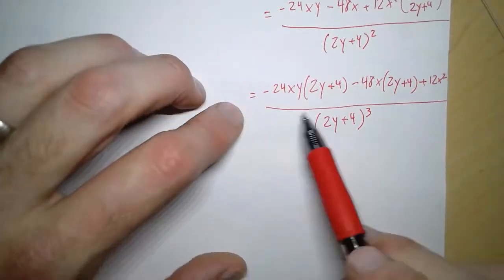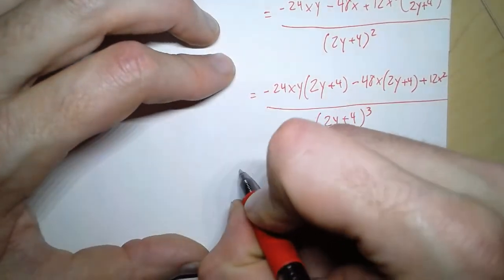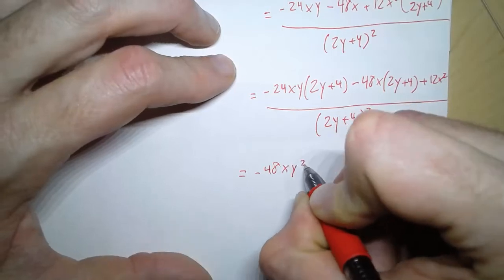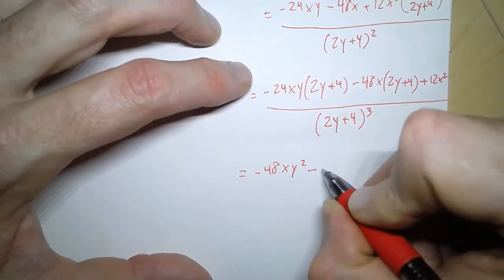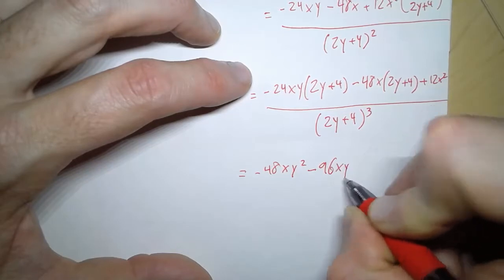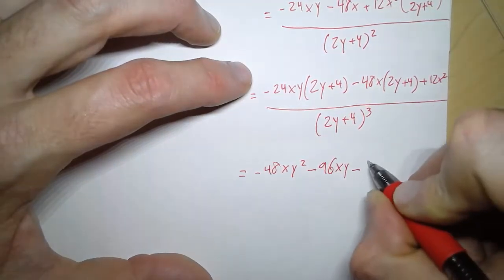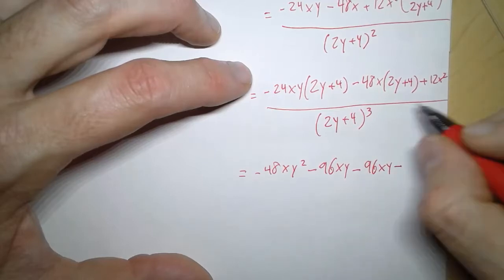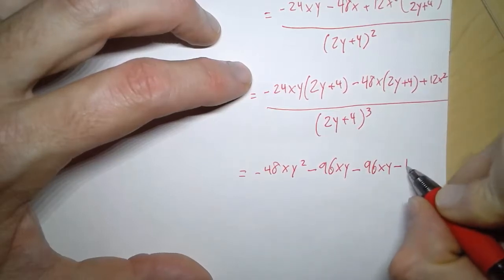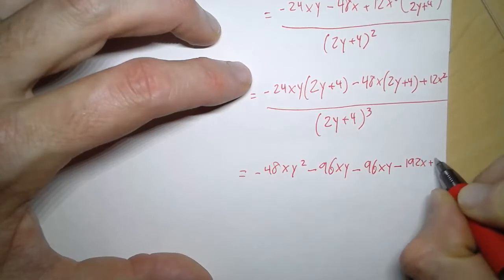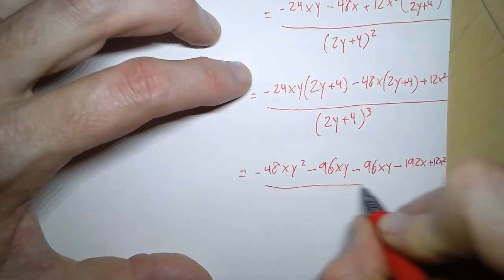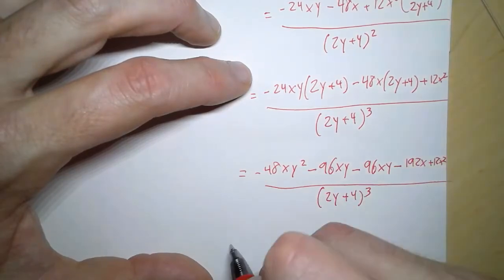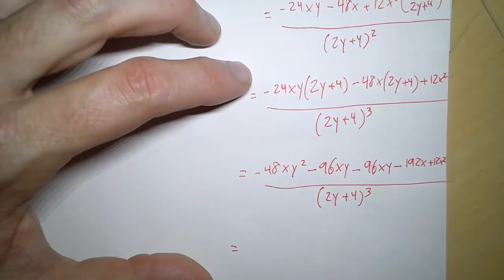So let's simplify the top. So this is going to be negative 48xy squared minus 96xy minus 96xy minus 192x plus 12x squared all over 2y plus 4 cubed. And so these two terms are like terms, so we can combine them.